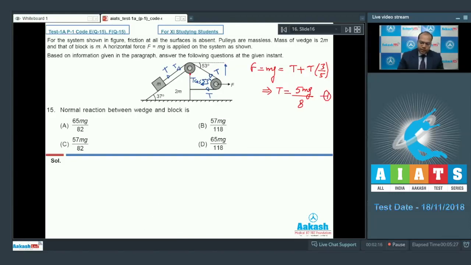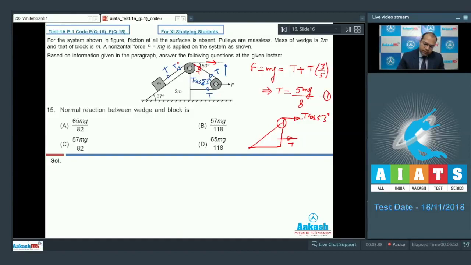If I write the free body diagram for the wedge, this is my wedge and this is the pulley. Tension T is acting in this direction. The component of this tension T in this direction is T cos 53 degree.